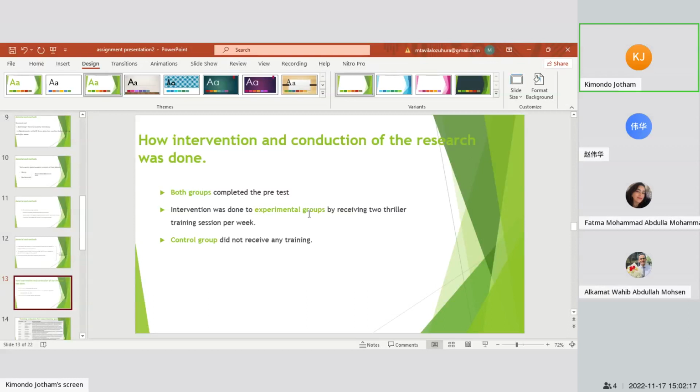So the experimental group attended this emotion regulation training, and later on they performed the post-test, whereas the control group did not receive the training, but the experimental group received the training.